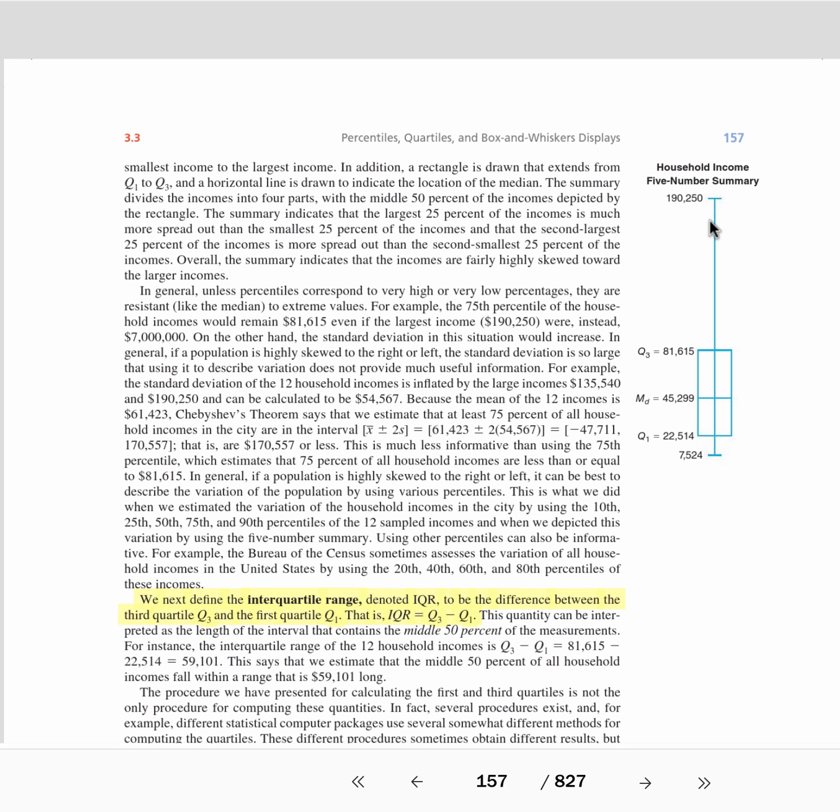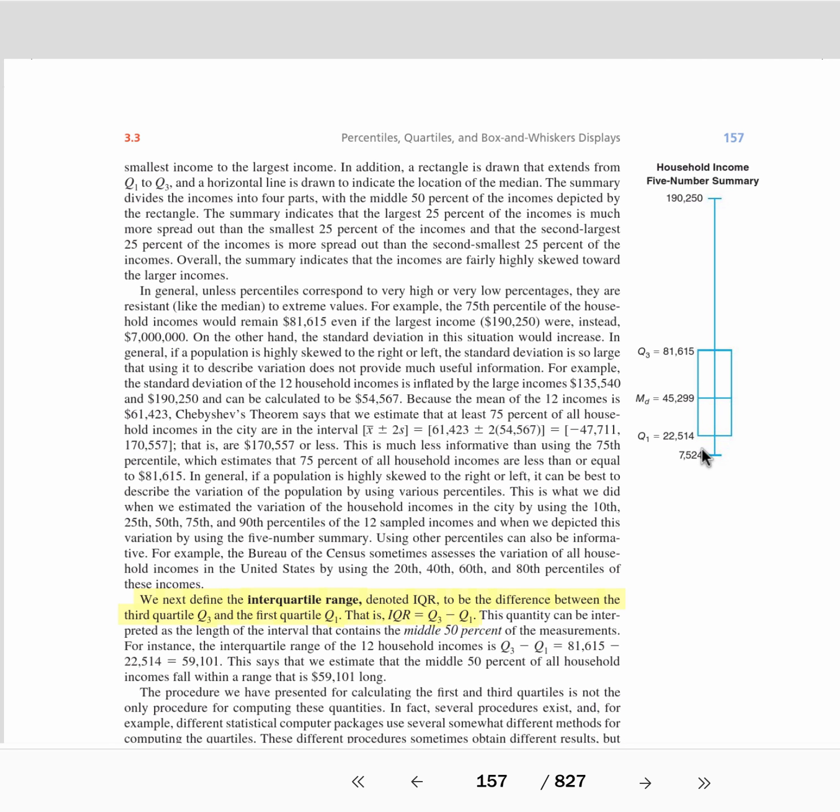Try to flip or rotate this image 90 degrees to the right, clockwise, and try to draw a histogram on it, and you would see that this data is skewed to the right. Imagine how it is skewed to the right.